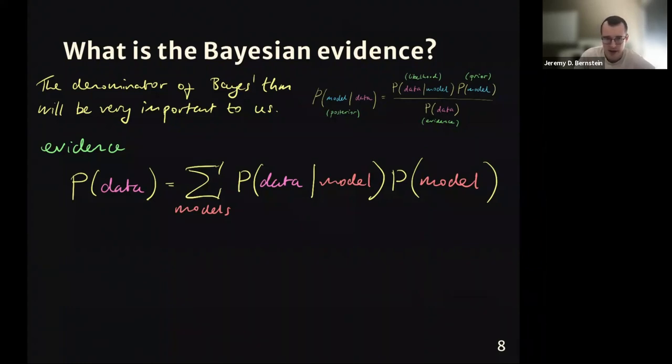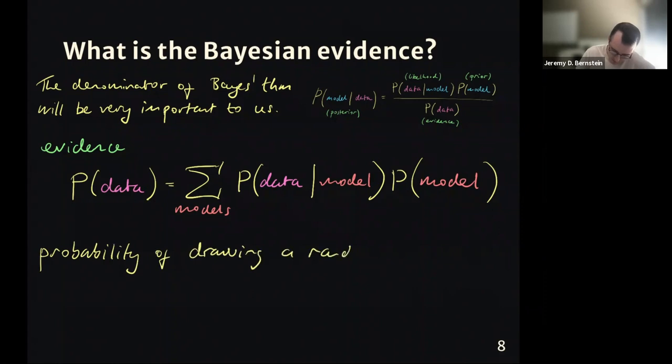The intuitive way that I think you should think about this quantity is that you can think of it as the probability of drawing a random model from the prior and finding that it fits the data.